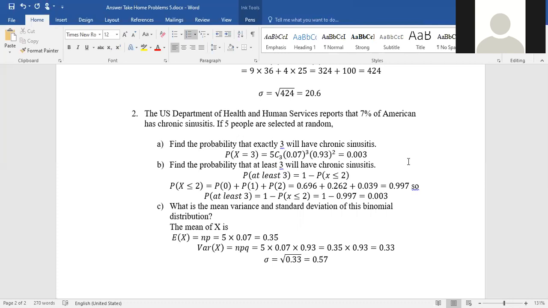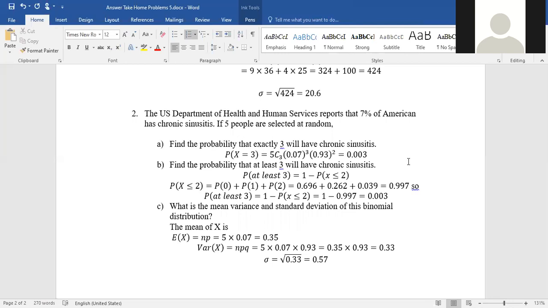So the second question is the probability that X is greater than or equal to 3. So we solve it by knowing either the probability that X equals 3, plus the probability that X equals 4, plus the probability that X equals 5. All we will do is 1 minus the probability that X is less than 3, which is 1 minus the probability that X is less than or equal to 2.